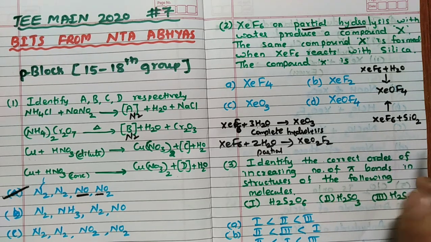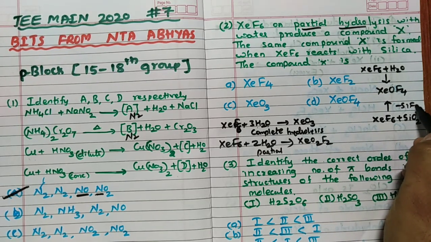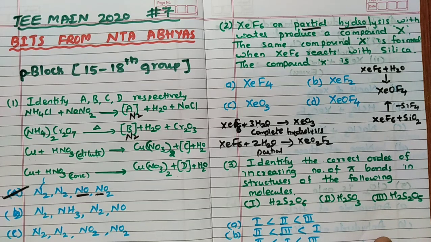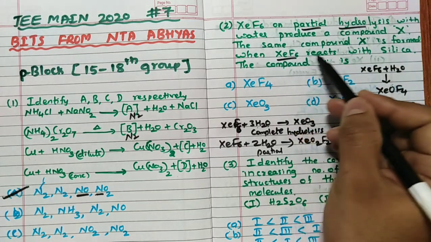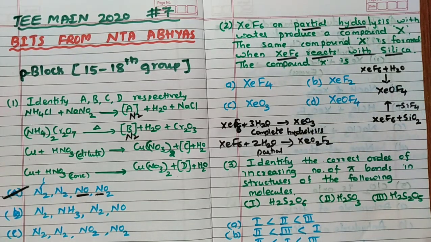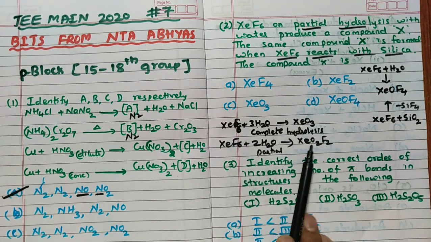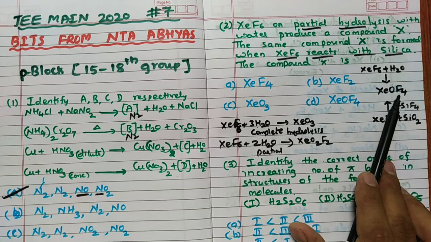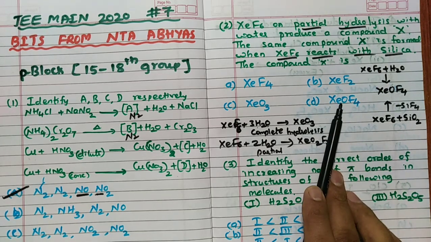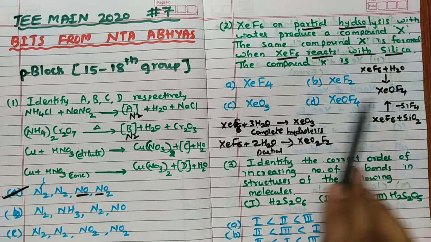If you don't know which compound is formed when silica reacts with XeF6, remember that the hydrolysis of XeF6 is a very important point: with 3 molecules of water XeO3, with 2 molecules XeO2F2, with 1 molecule XeOF4. So XeOF4 is the answer in this particular case. Remember, the answer is D.